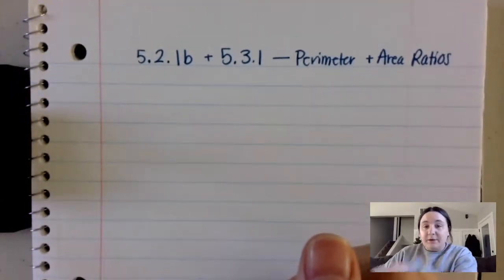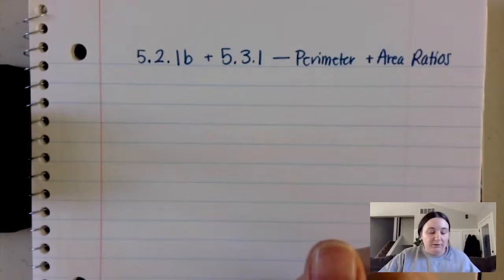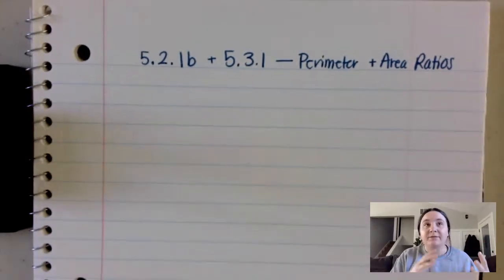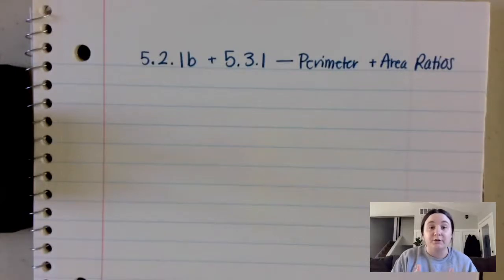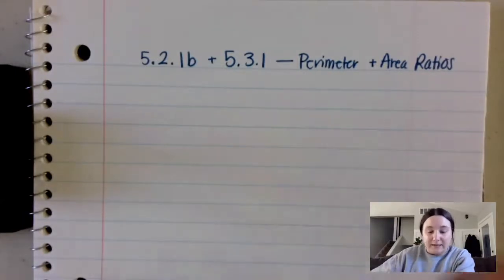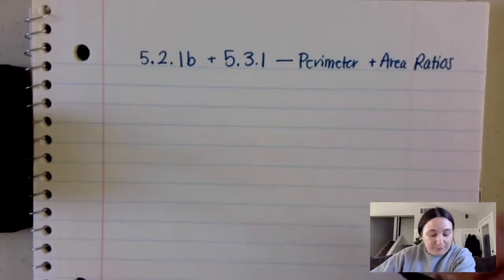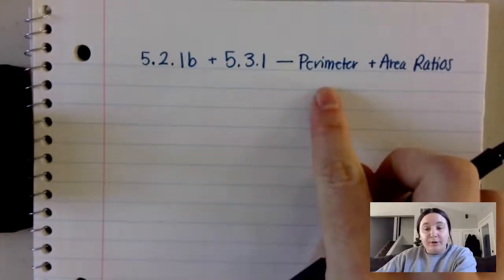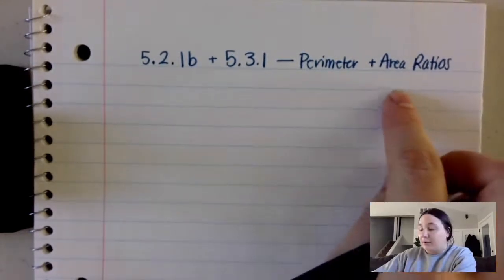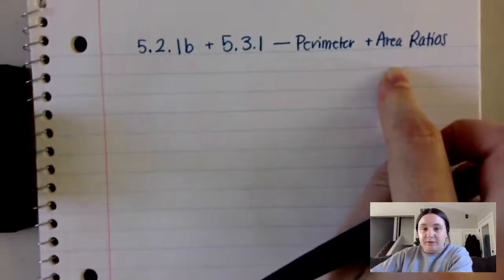So the first thing that we want to talk about is we've already talked about the similarity ratio. When you have similar polygons, we've discussed how you write your similarity ratio, the ratio of all of the sides when they end up being equal. And now we're going to add on the perimeter and area ratios to that understanding. So at the very top, we're just going to define each one.